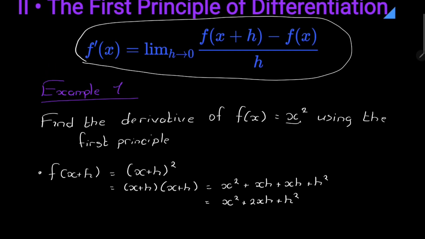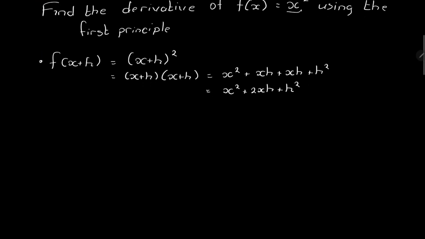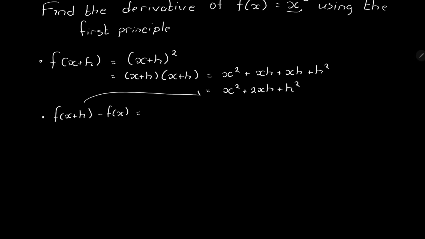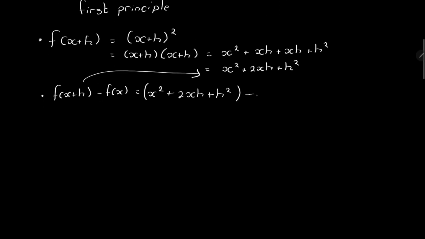So we're going to now calculate the numerator. Our numerator is f of x plus h minus f of x. So f of x plus h minus f of x is given by f of x plus h, which is what we got above, x squared plus 2xh plus h squared, minus our f of x, which is x squared.